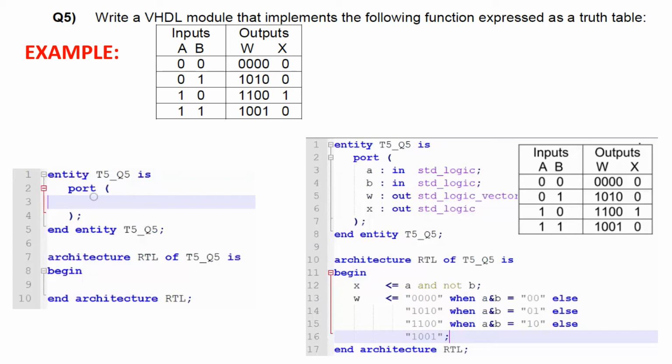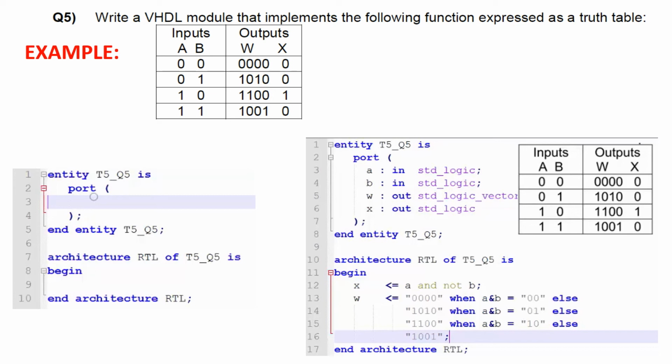Before going to the main program, I want to emphasize this part. So this is your skeleton. What does a skeleton mean? You need to write the entity part here: entity, the name of your problem, and port, within which you declare your inputs and outputs, and end entity.